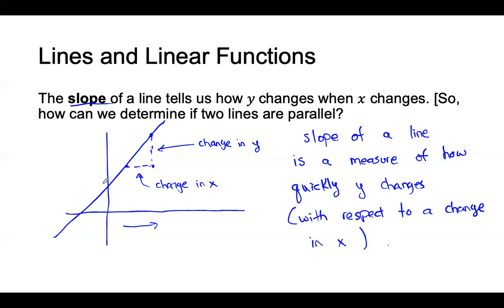So essentially, the steepness or the flatness, it tells you how fast whatever you're looking at changes.